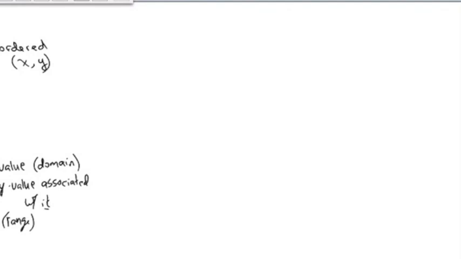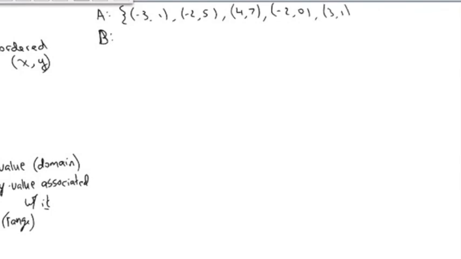All right. So let me give you two sets. Set A, set B. Set A: (-3, 1), (-2, 5), (4, 7), (-2, 0), and (3, 1). That is definitely a relation because it is a set of ordered pairs.